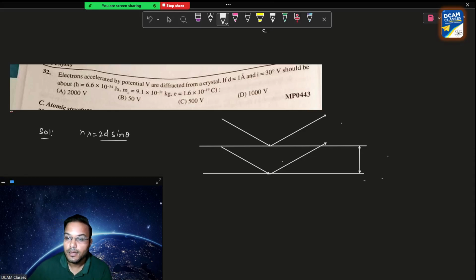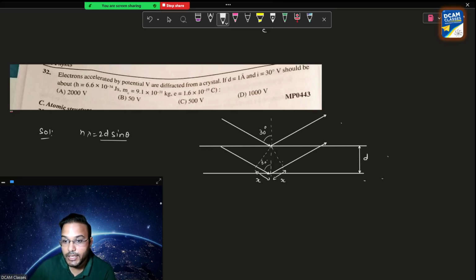This distance is d. This is a diffraction pattern between the two surfaces, and they have given the angle of incidence as 30 degree. Now this is 30 degree, which means this is also 30 degree. We have to find out the path difference, which means this distance plus this distance is the path difference.